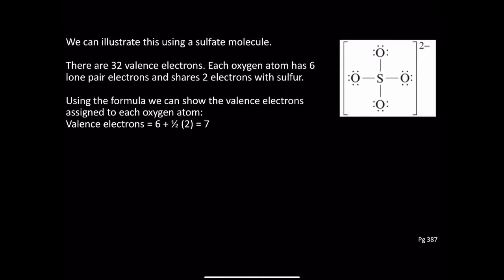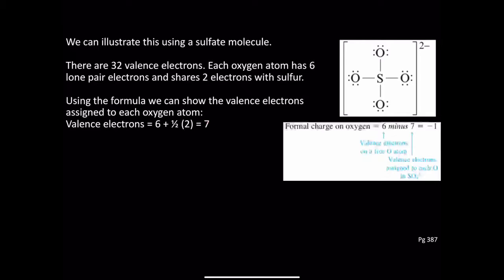So we have 6 lone pair electrons around the outside, and then we have 1/2 of that single bond. So that's 1/2 times 2, where we split the bond and say one of those electrons is attributed to oxygen, the other is attributed to sulfur. We would do the same with every one of these sulfur-oxygen bonds as well. So in total, we have oxygen with 7 valence electrons attributed to it.